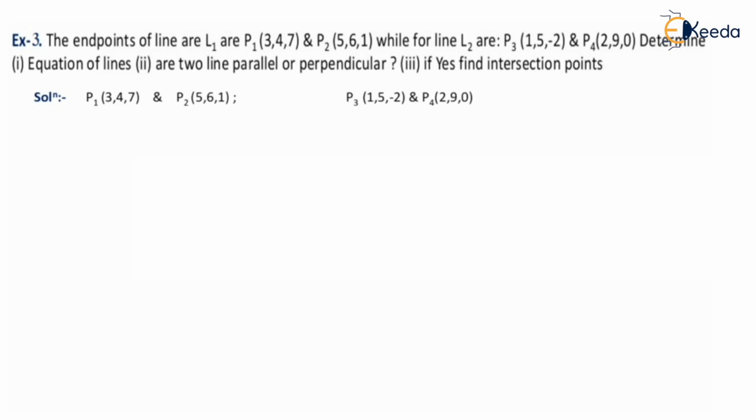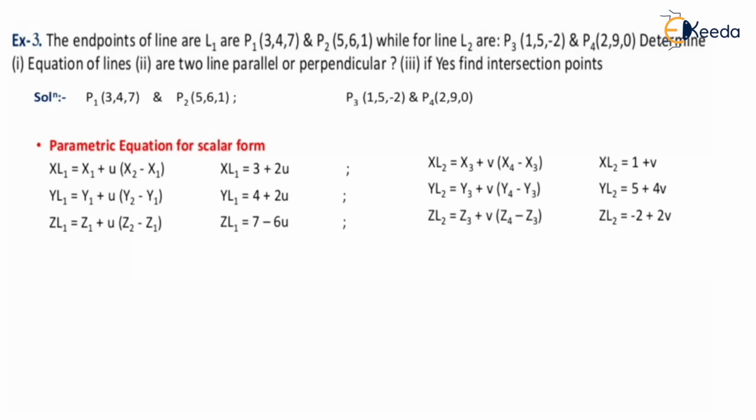P1 and P2 are given. There are two lines given. So P1 is (3, 4, 7), P2 is (5, 6, 1), while P3 is (1, 5, -2) and P4 is (2, 9, 0). We have to calculate the parametric equation in scalar form for both the lines. That is xL1 = x1 + u(x2 - x1). We concentrate only on P1 and P2 points in the first case.